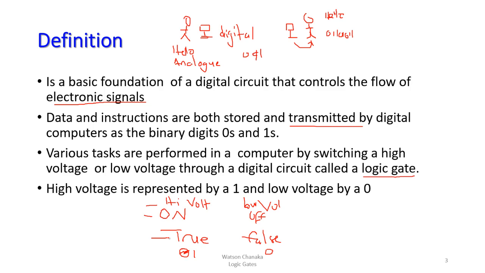What was the objective there? To increase the speed of the computer and to reduce the size of the computer. So now computers have thousands if not millions of logic gates inside, which help to control the flow of electronic signals in a predetermined way.